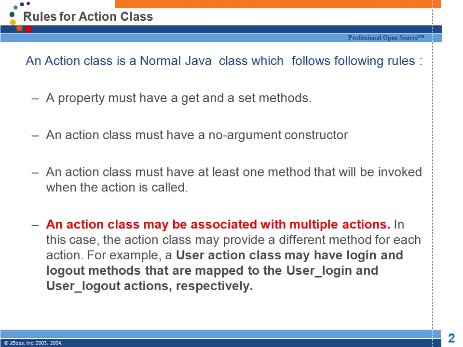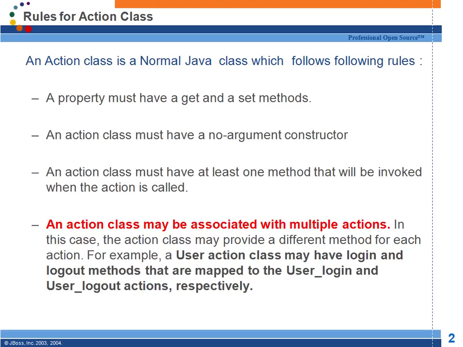Adding is one action, deleting is one action, editing is one action. One action class can be associated with multiple actions, right? There are 3 action tags which are using the same action class, but different methods are involved.